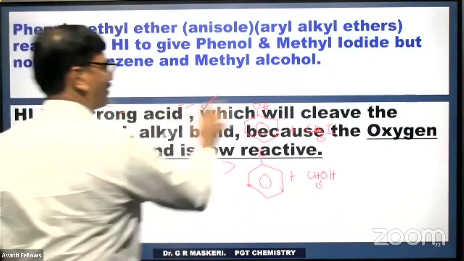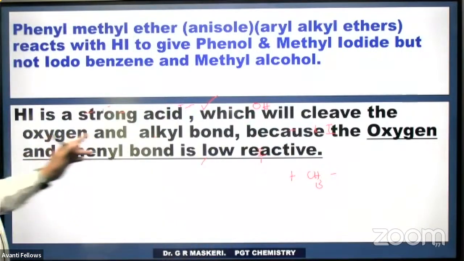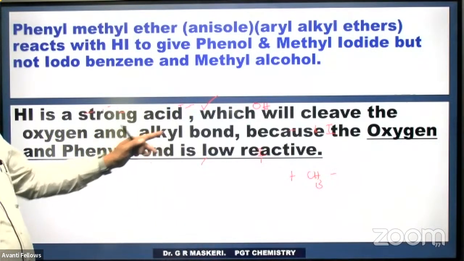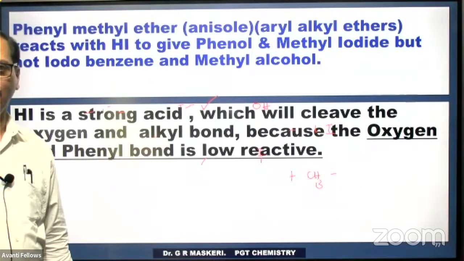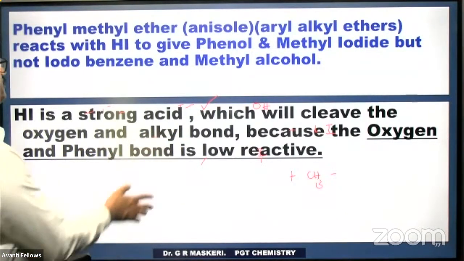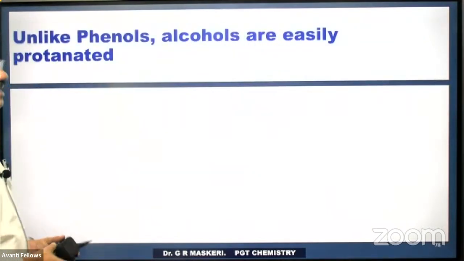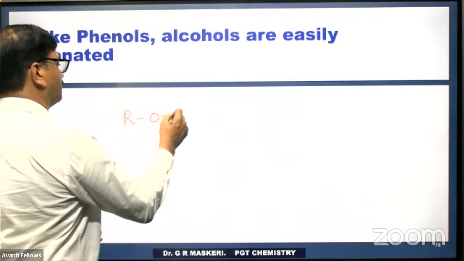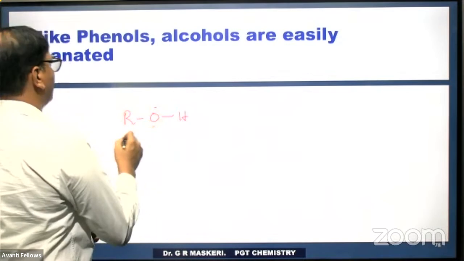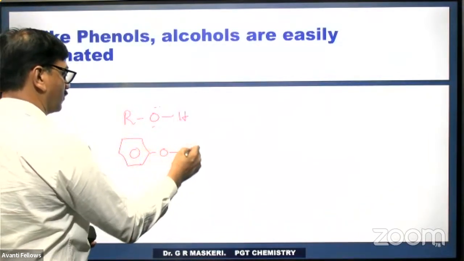HI is a strong acid, which will cleave the oxygen-alkyl bond, because the oxygen-phenyl bond is less reactive. This is the way it is given. Unlike phenols, alcohols are easily protonated, whereas phenols do not undergo protonation very easily.